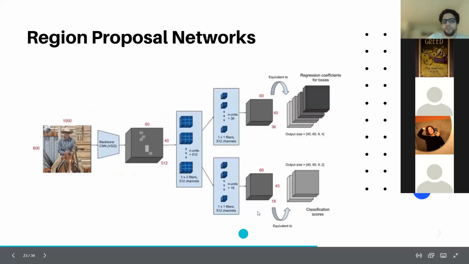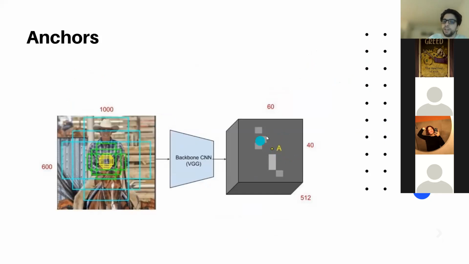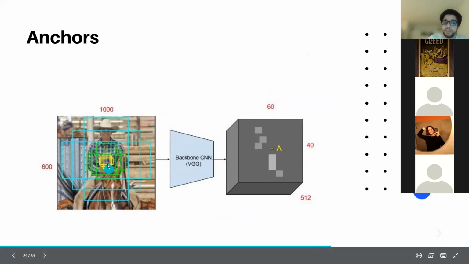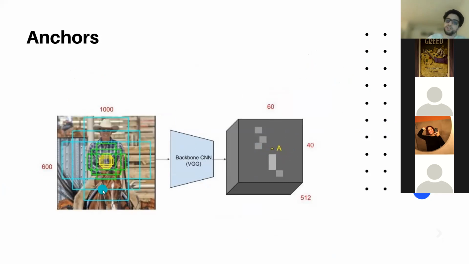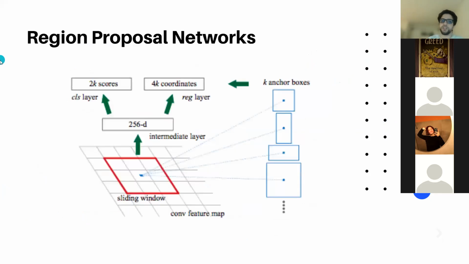So just to go into a bit more detail about the RPN. Here we can see that, for example, at this point, if we are looking for objects in this area, and we put a classifier on top of this region, it maps through the image to these different locations, right? So we're not just going to slide one classifier, we're going to slide several of them. And these classifiers are called anchors. Usually in the original paper, they were sliding 9 different anchors.